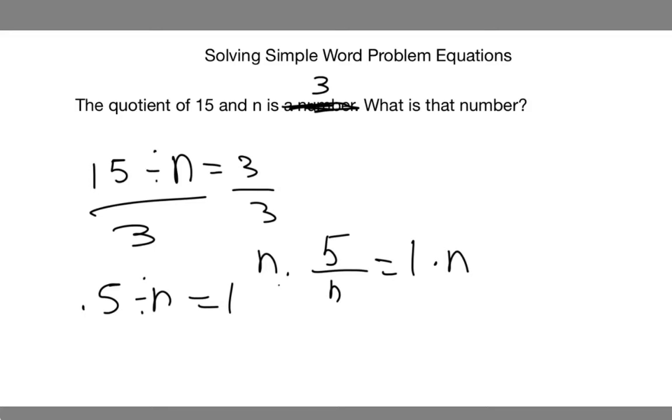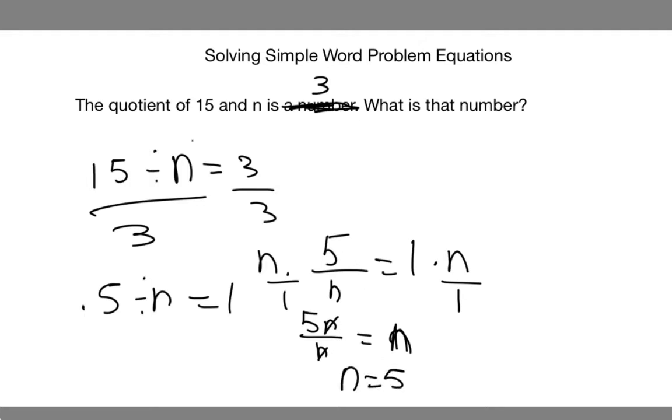Then we'd get 5n over n equals n, sorry, this is an n, not a 1. Oh, all over the place today, guys. So we get 5n over n. The n's cross out because they're just being multiplied, and then we get n equals 5.